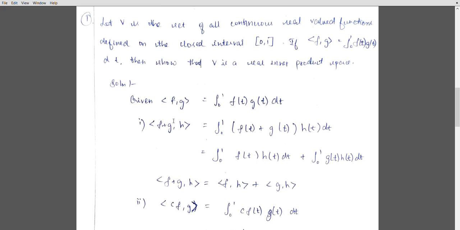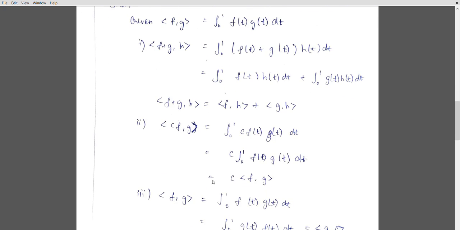Here we separate it into the integral of 0 to 1 f of t h of t dt plus the integral of 0 to 1 g of t h of t dt. Hence the final result is the inner product of f comma h plus the inner product of g comma h.